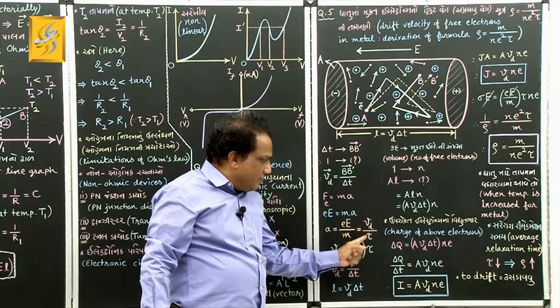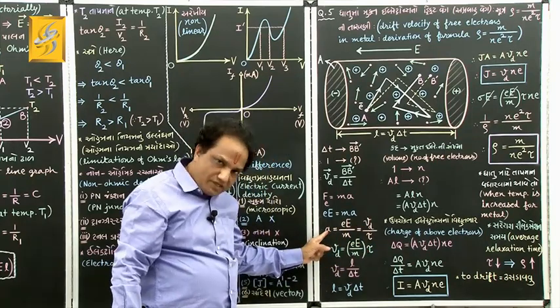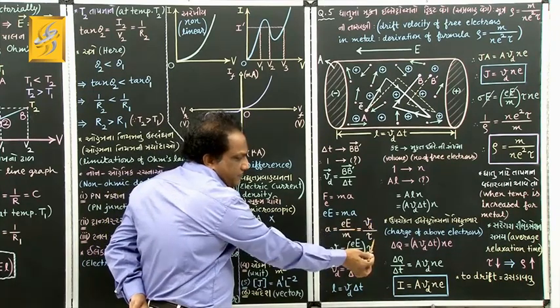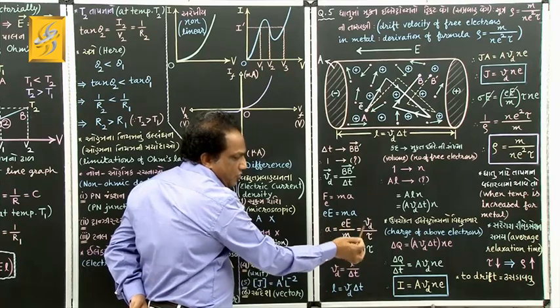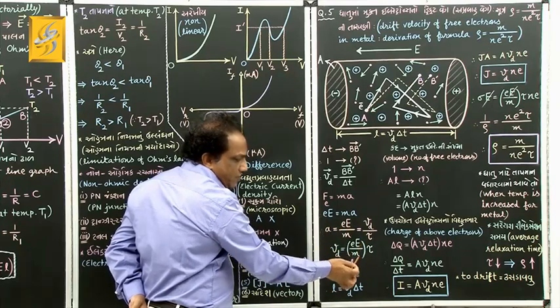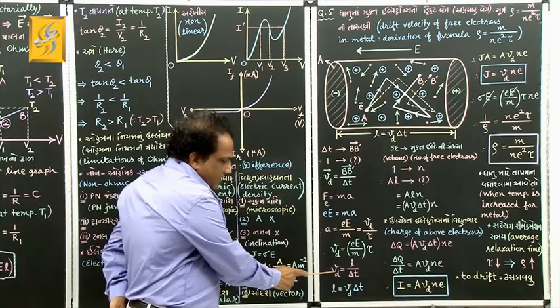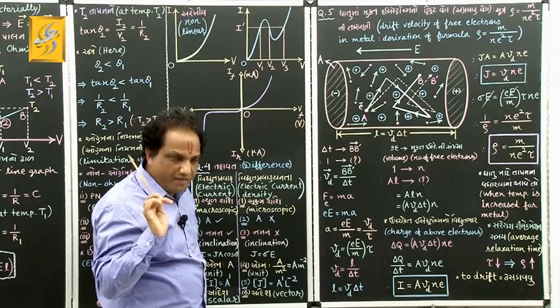Change in velocity divided by the corresponding time interval will be called acceleration, correct. Come on, find out Vd from here, transfer this tau over here. So it is e into E upon m into tau. Let us find out drift velocity from the basic formula, displacement divided by time.